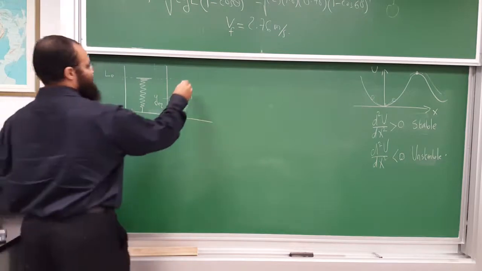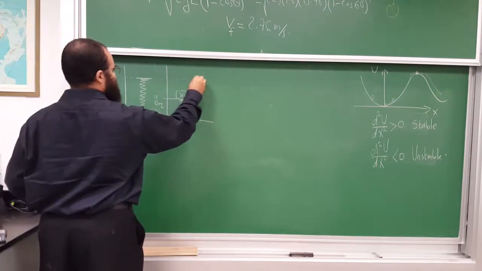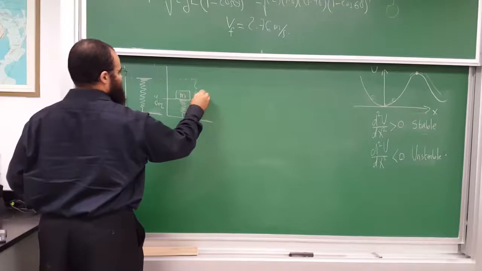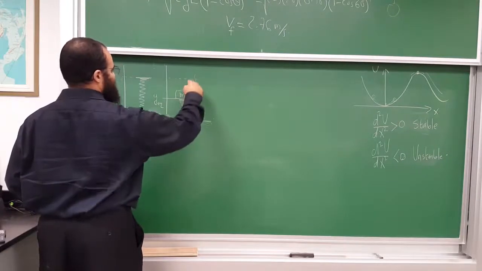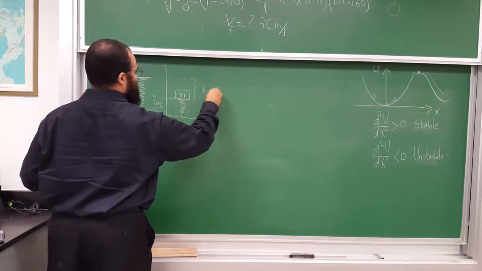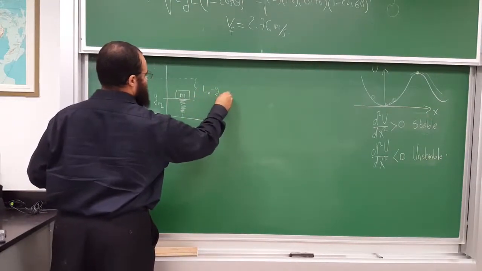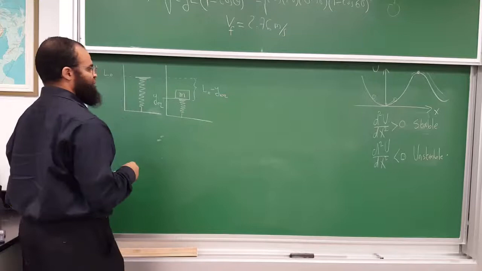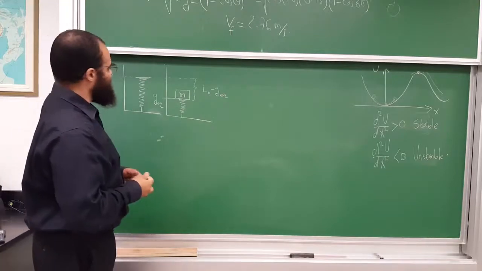So how far did the spring compress? Well, it has compressed by this much, which is L0 minus y at this equilibrium point here. So how much potential energy is stored in the spring?